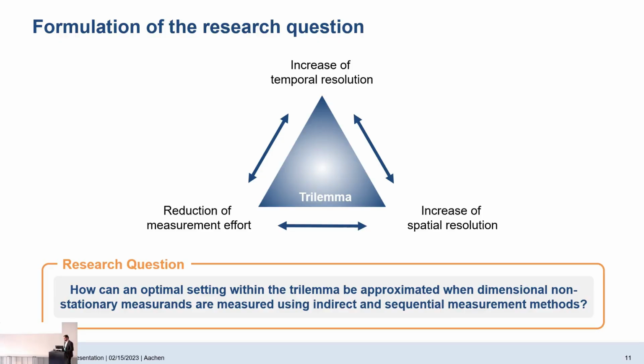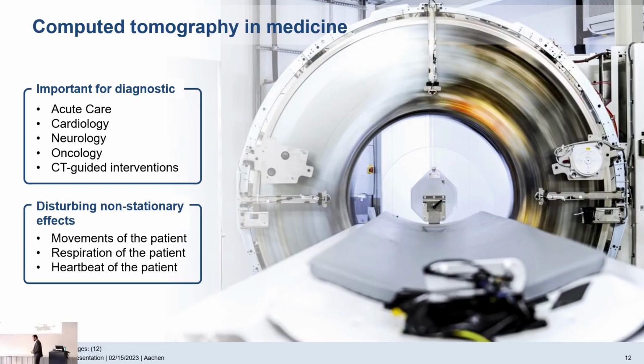And I want to start my investigation with the trade-off problem between the temporal and the spatial resolution on the example of a medical CT scanner. CT scanners for medical use are very important for the diagnostic of anomalies inside the human body. A physician, for example, may use a CT image to decide whether a surgery has to be done or not.